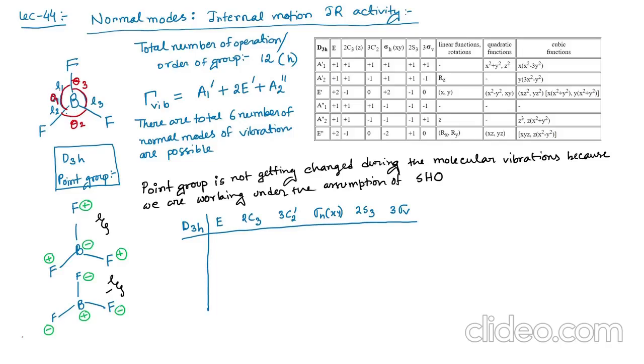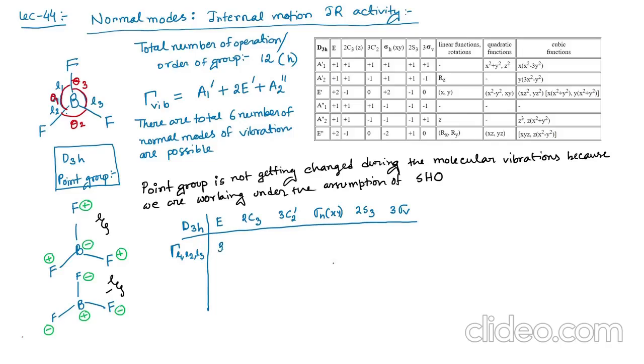Like that, L1, L2, L3 are all different bases, and based on that I will try to get the reducible representation for L1, L2, L3. So what will that be? Upon the identity operation there won't be any change, so the character will be 3 of that transformation matrix, right?